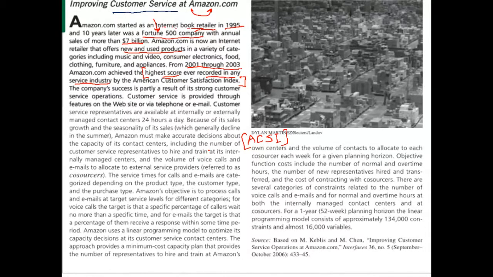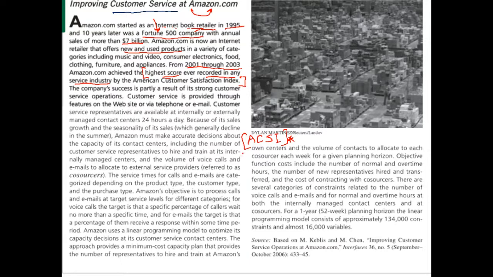Although ACSI also rates non-service companies, for services it's very important to know how satisfied our customers are. Here it's a task for you: do more research and find out how this index rates companies on service, and which are the top companies on the basis of ACSI.